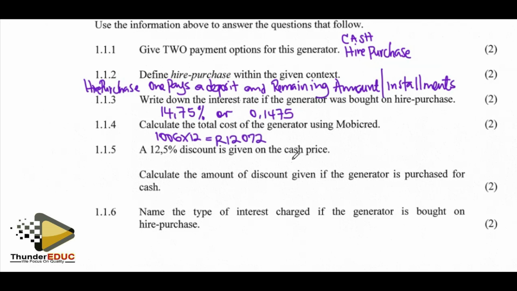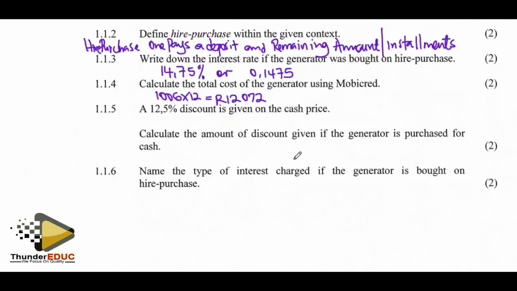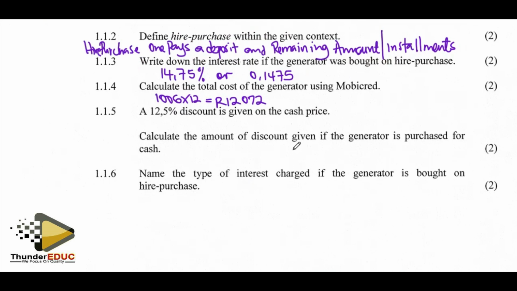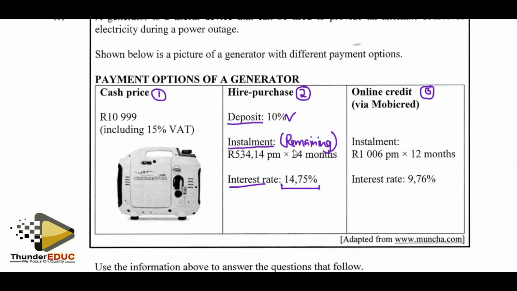All right, here they're telling us a 12.5% discount is given on the cash price. Calculate the amount of discount given if the generator is purchased for cash. We come back here, we check for cash. Cash is 10,999.